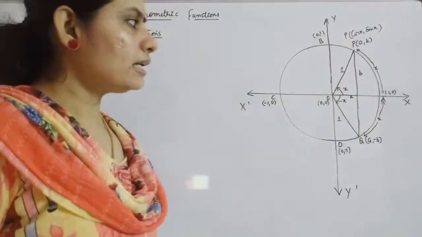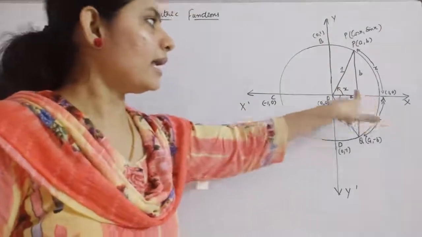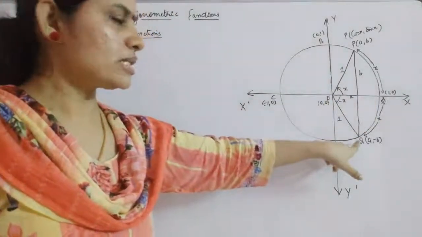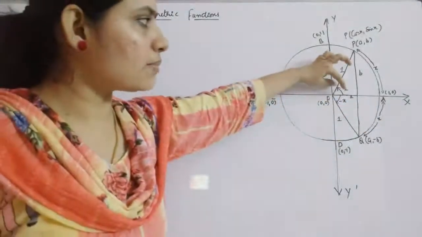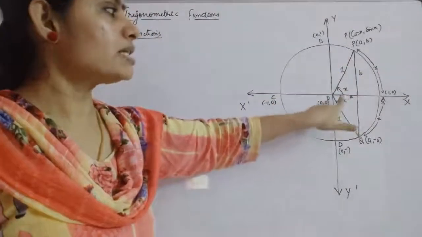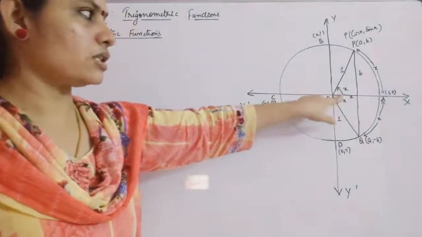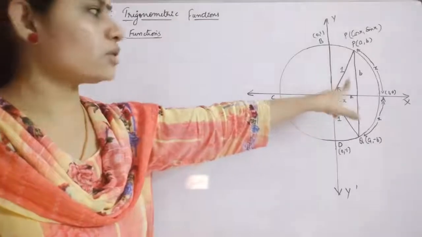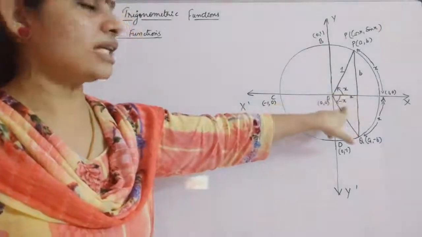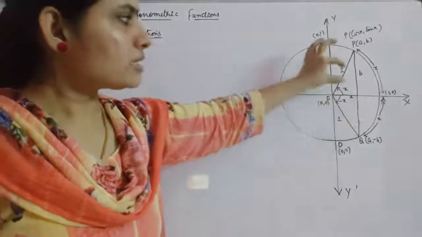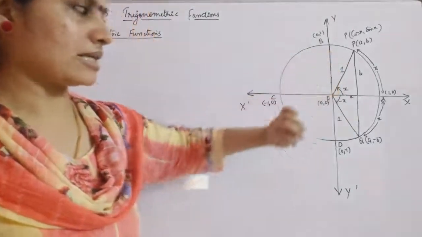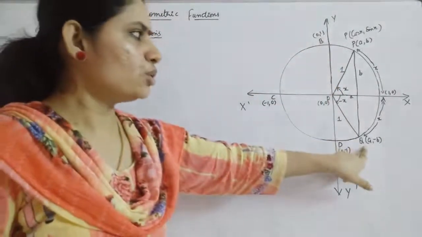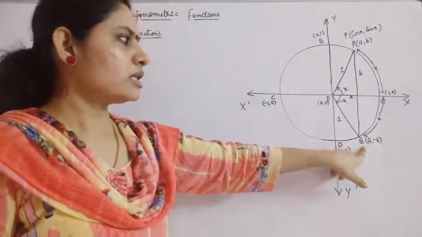Now we are taking angle AOQ in such a manner that it also has the same measure, x radians, but it is in the clockwise direction. This was in the anti-clockwise direction, so it was positive x. Here we are taking the clockwise direction, but the amount is the same, so it is minus x. So what will be the coordinates of Q?